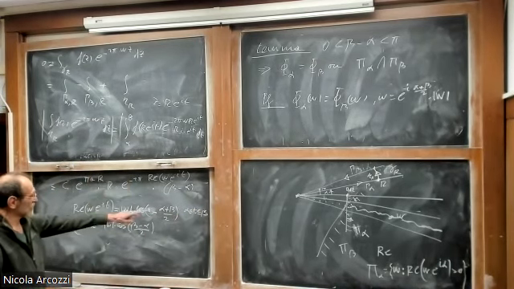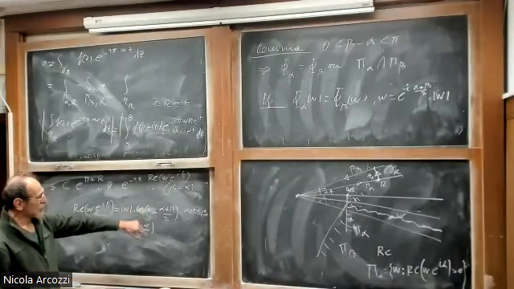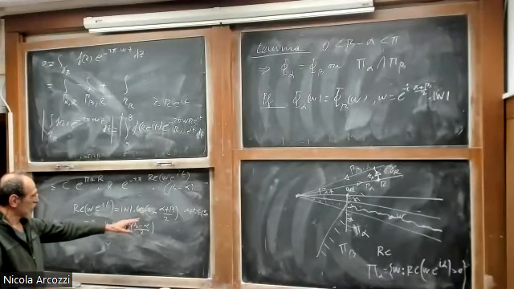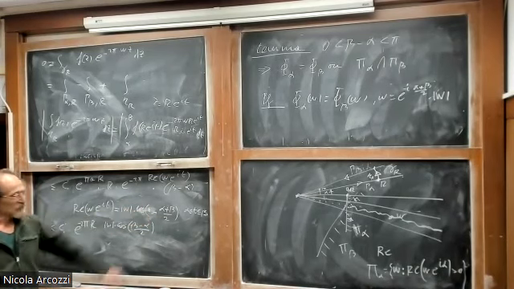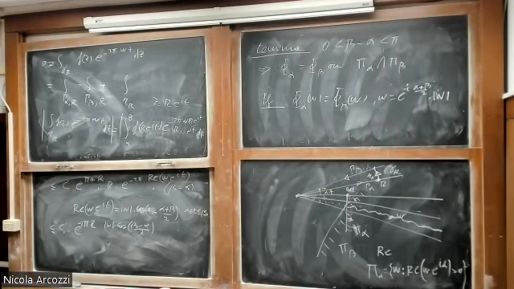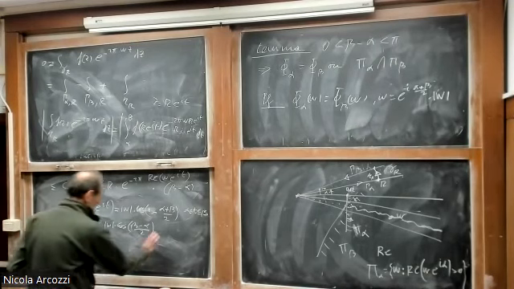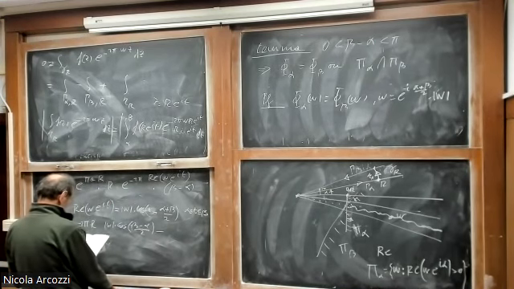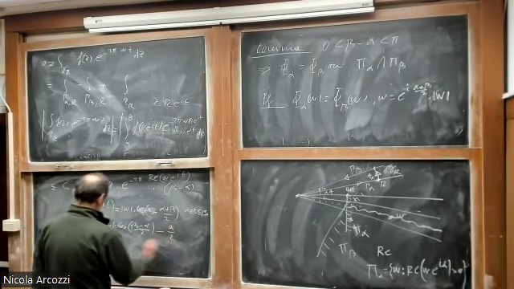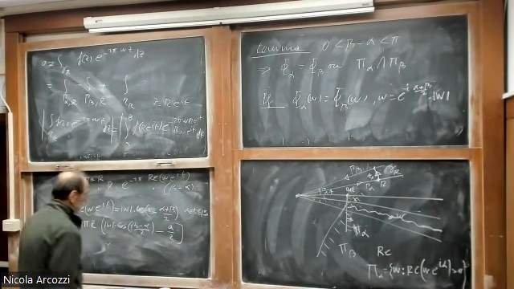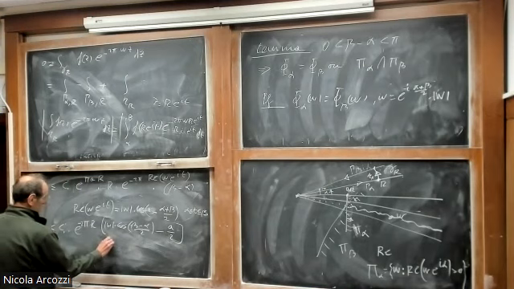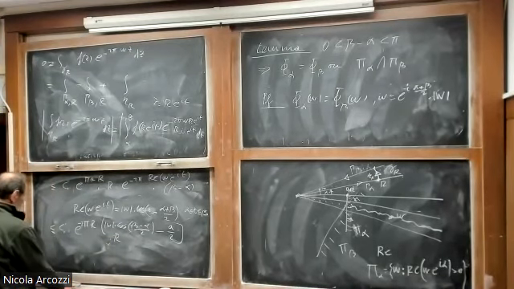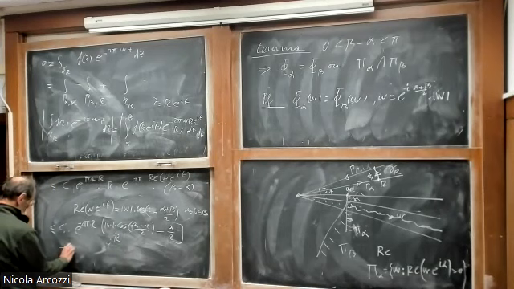So this is between cosine alpha over 2 and cosine beta over 2. We get minus R, and that goes to 0 times R.